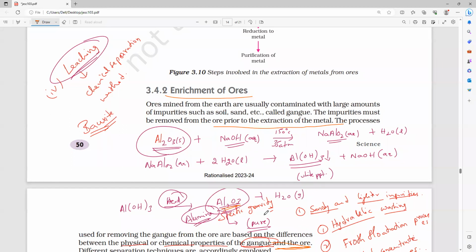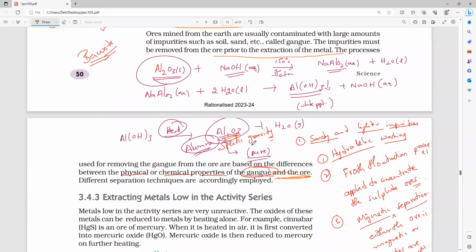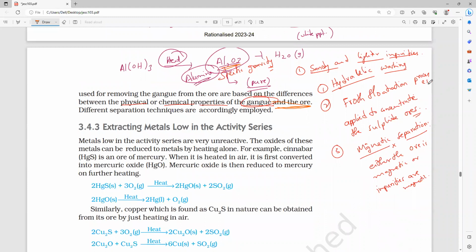Totally how many techniques? One is hydraulic washing to remove light and sandy substances. Next, fourth, the flotation process, mainly for sulfide ore concentration, and magnetic separation for ores like hematite, chromite, like iron ores and all.